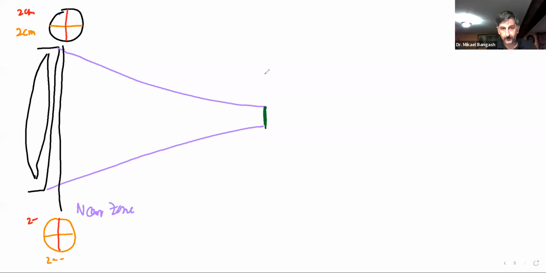Now, say that this point here was your focus, or what we call the focal point.